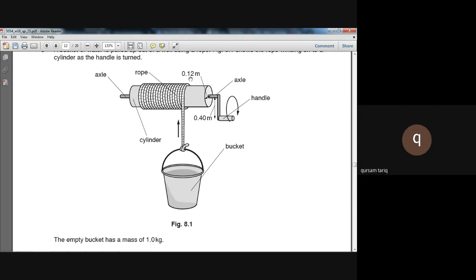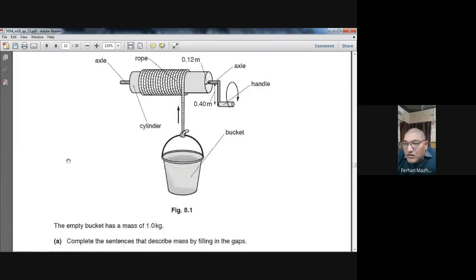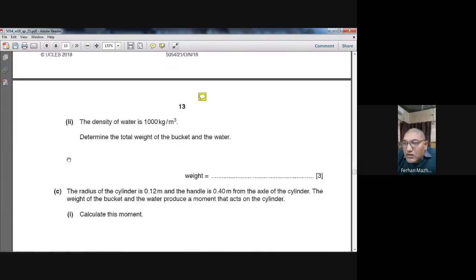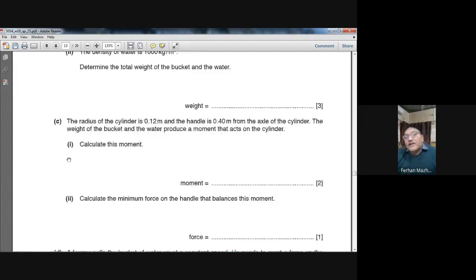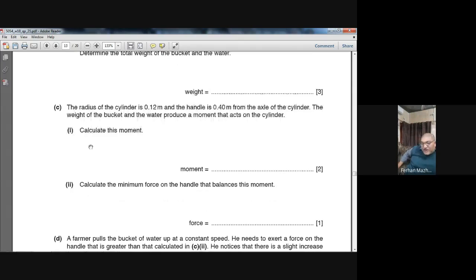So you multiply 250 with 0.12 meter. You write the formula that moment is equal to force multiplied by perpendicular distance between the force and the pivot, and then you will get the answer.